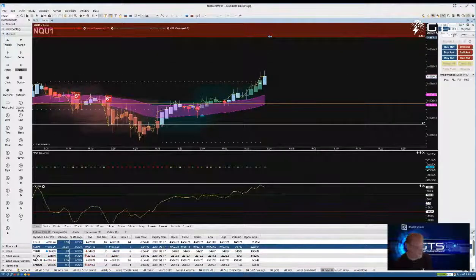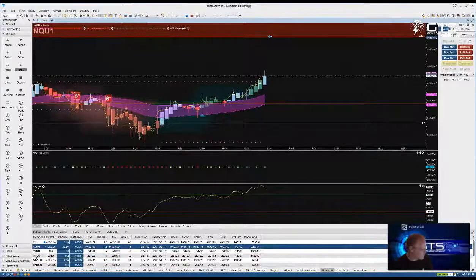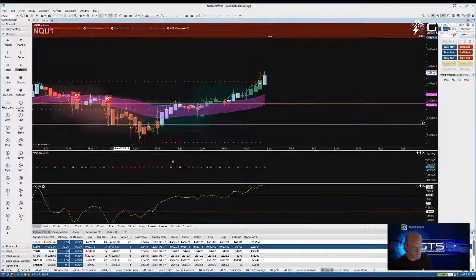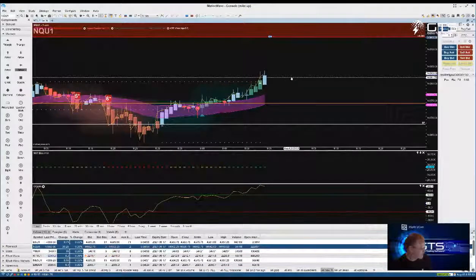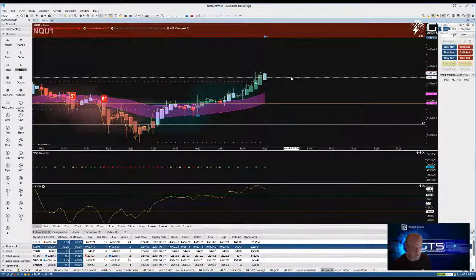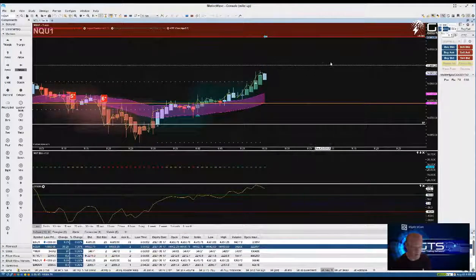But that NQ is looking good, though. It really is looking good. I'm hoping it stays above this level. If it's 82, it should push on up in the 1 minute. So we're looking good. Still looking good.